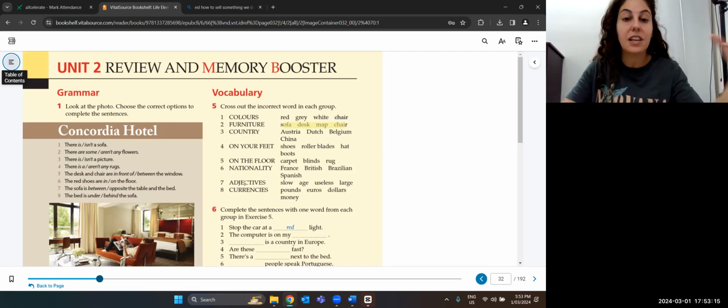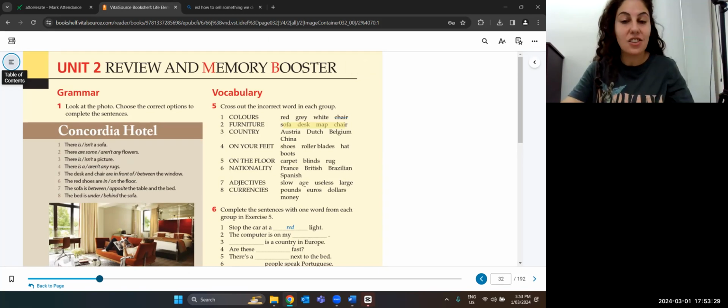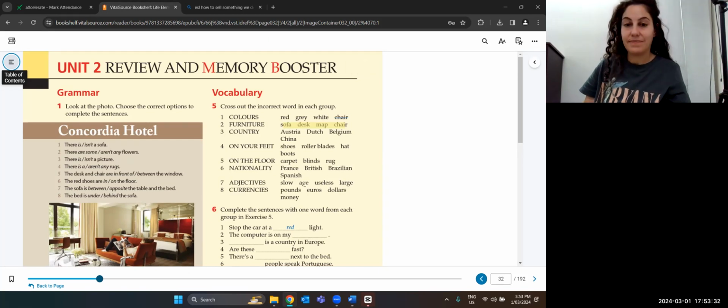So an adjective tells us information about the noun. So slow is an adjective because an object can be slow. Useless is an adjective because that means you can't do anything with it. Large is an adjective, so age is not an adjective, it's a noun.